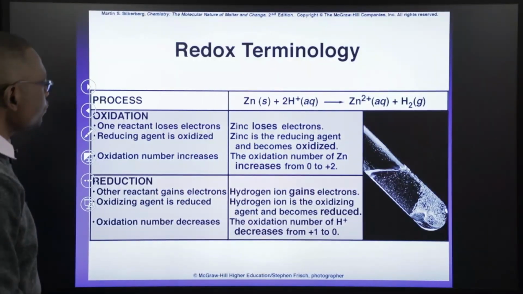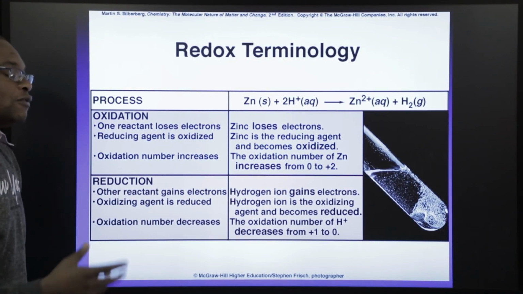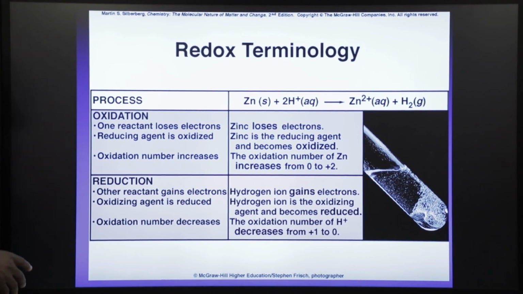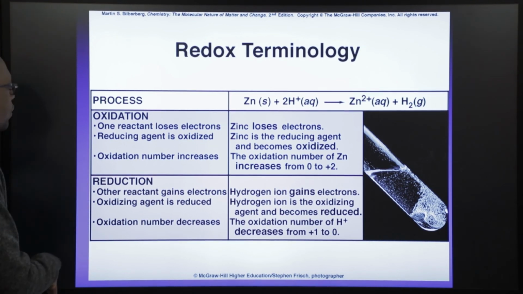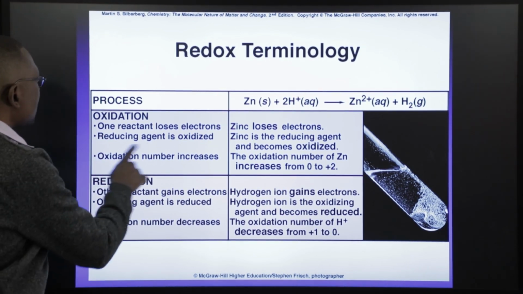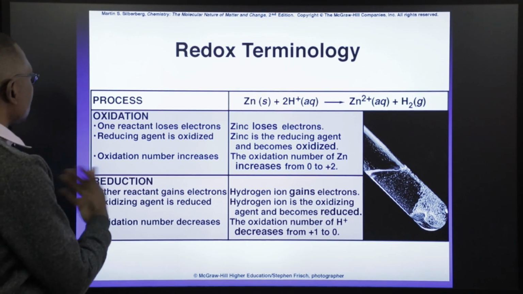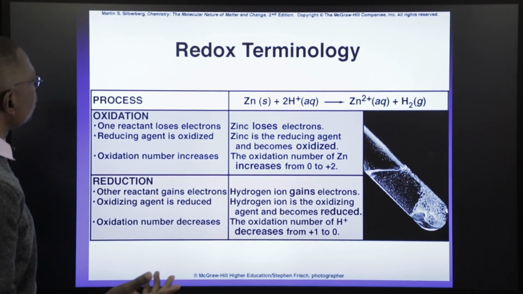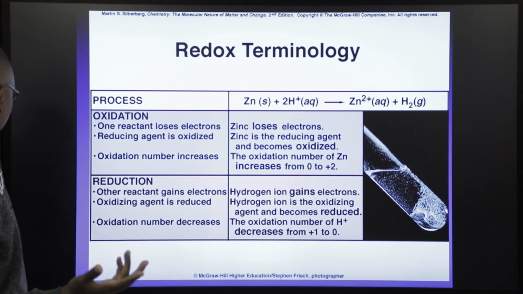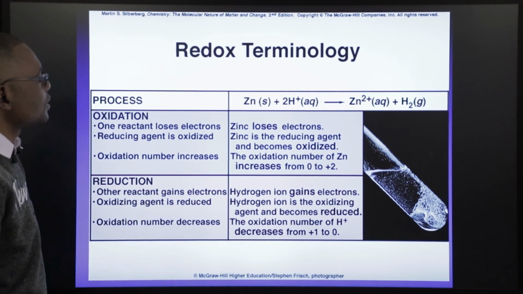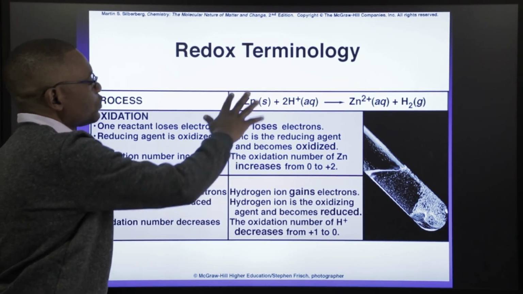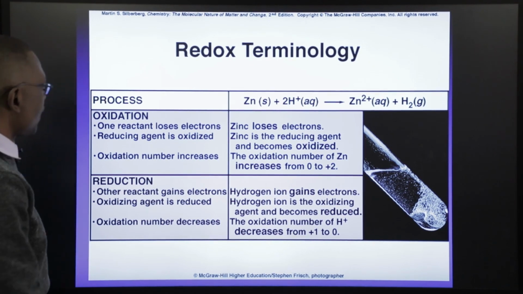We have specific terminologies to make specific references to materials in redox reactions as they occur. For example, in the oxidation process, one reactant loses electrons, the reducing agent is oxidized, and oxidation numbers increase. Examples are given over there.